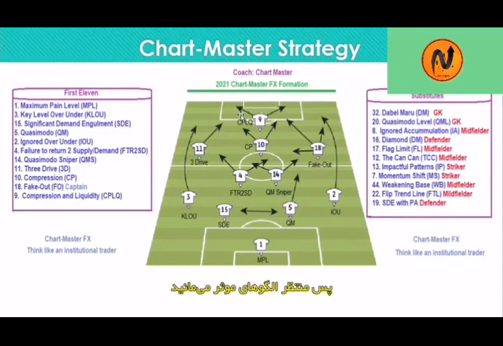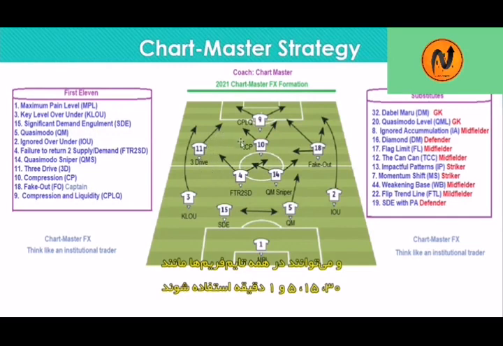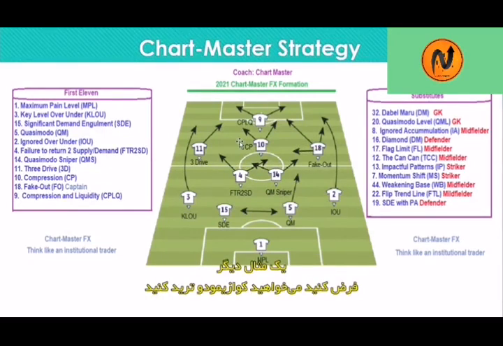So you may wait for an impactful pattern. The impactful patterns are used in lower time frames. They can be used in M30, in M15, in M5, in M1. In all those time frames, you can use the impactful patterns. So that's the issue, guys.